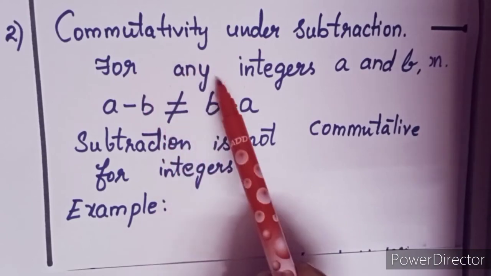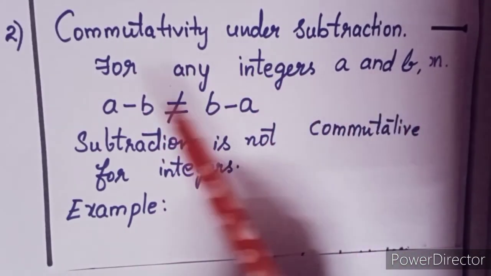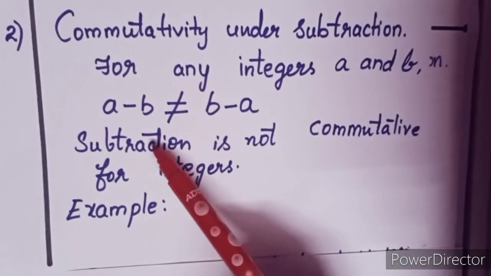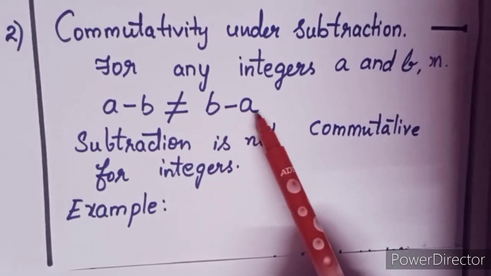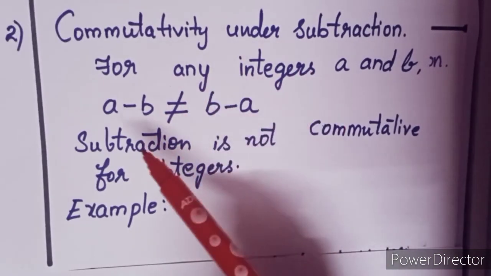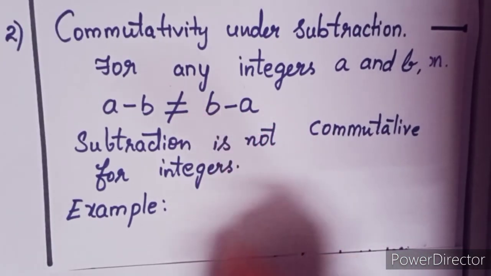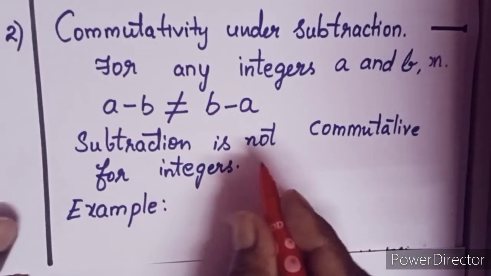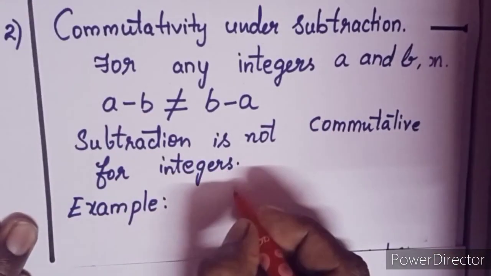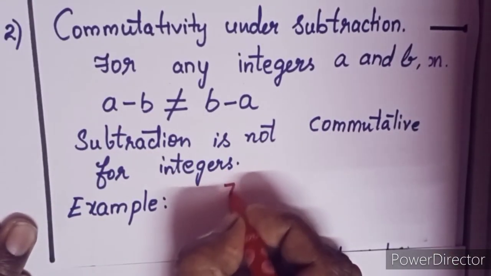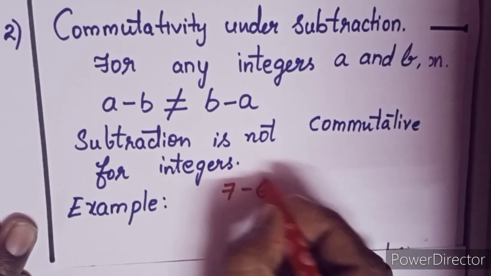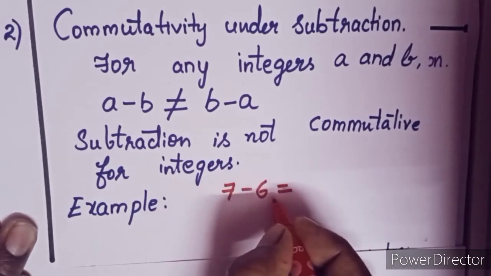Commutativity under subtraction, children. For any integers a and b, a minus b is not equal to b minus a. That means subtraction is not commutative for integers. Let us take one example and prove it, children. Suppose a minus b. We can take 7 minus 6.